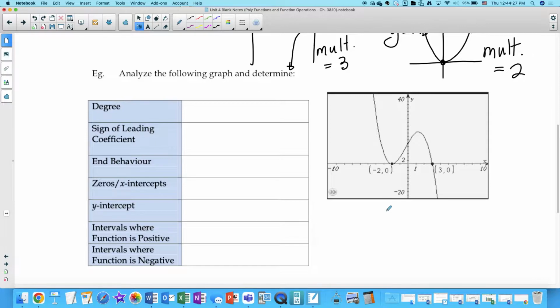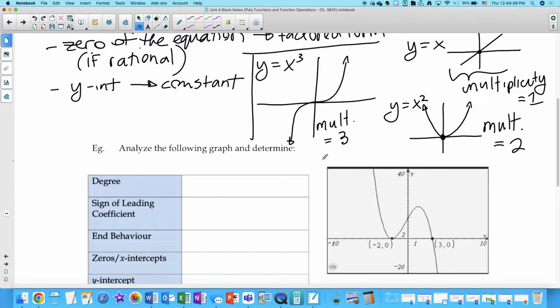Now this is a little tricky though, because depending on the function and the multiplicity of the zeros, you may get a cubic function that has no bumps, like this one. Okay?